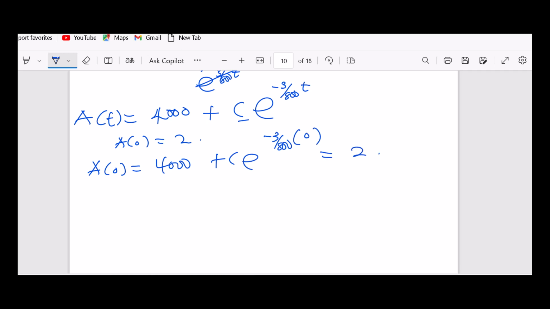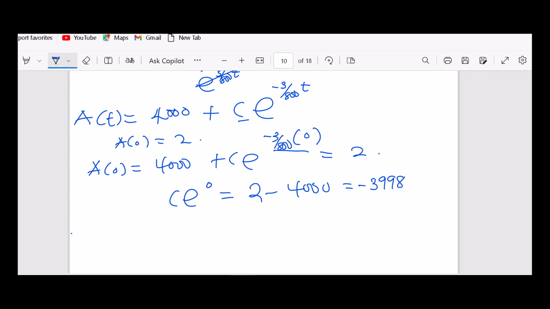Solving this, C e power 0, which is just C, equals 2 minus 4,000, which is negative 3,998.